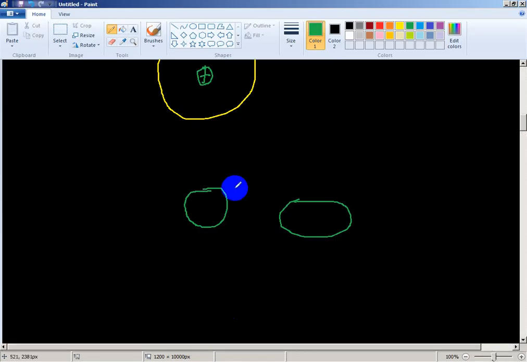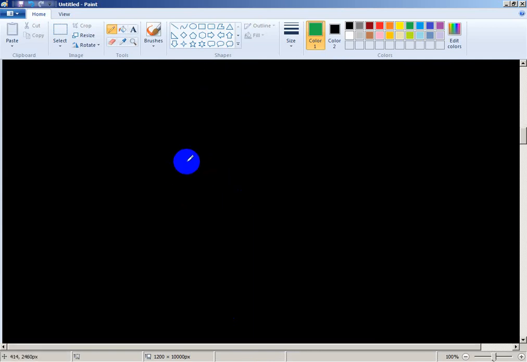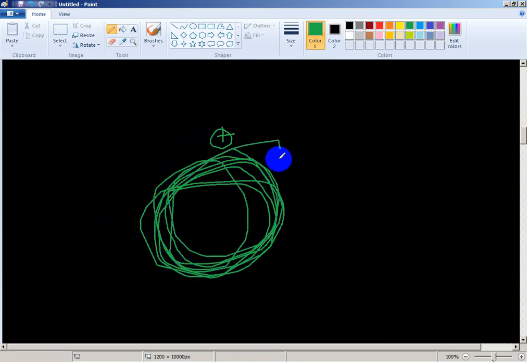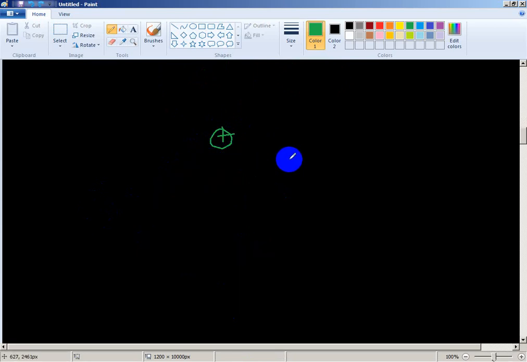What is Maxwell's theory? If any charged particle, like a positively charged or negatively charged particle, moves in a circular path, it emits radiation and loses its energy from time to time. An electron is a negatively charged particle.